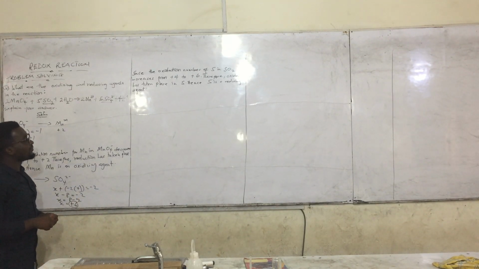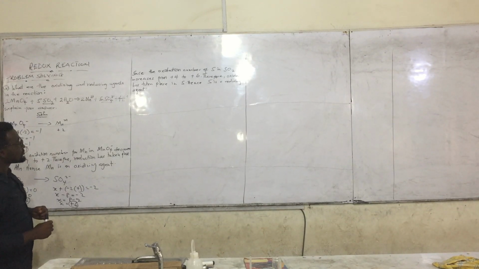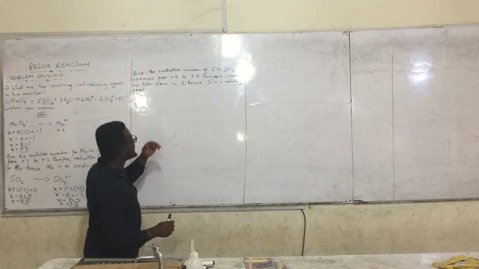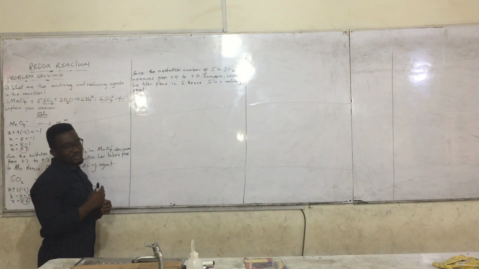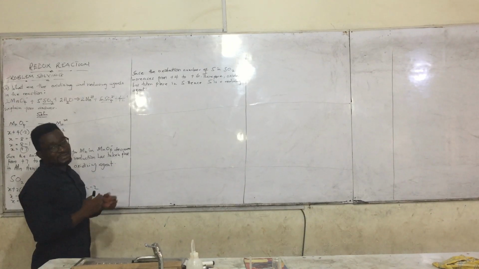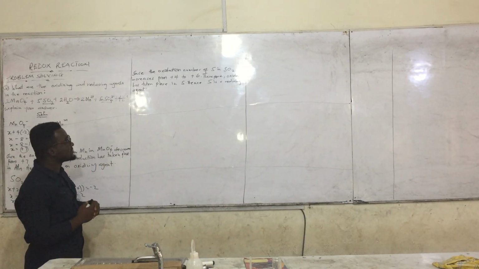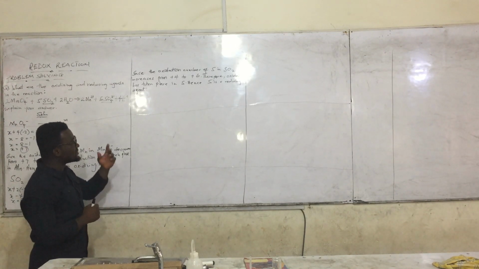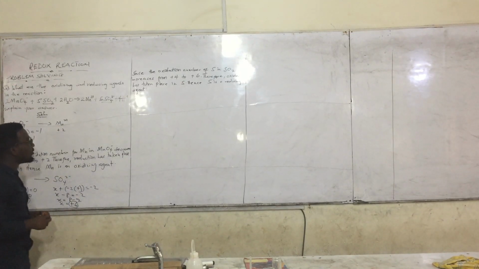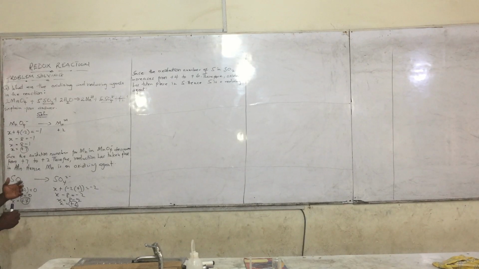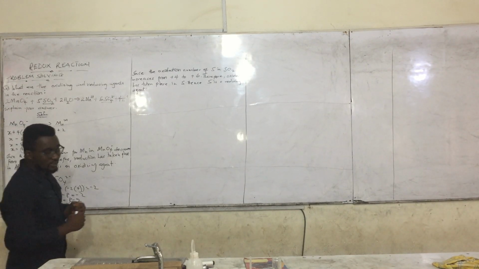So we have S being a reducing agent. Now, once oxidation has taken place, it means that the substance is oxidized. And once the substance is oxidized, then we know that it is a reducing agent. So technically, that is the solution to the first problem.